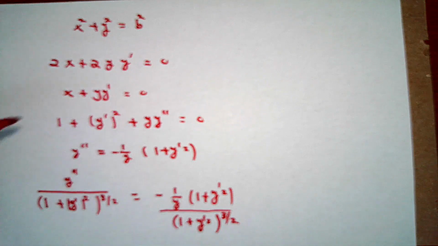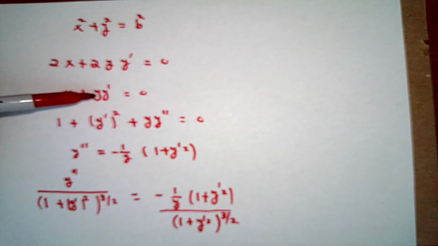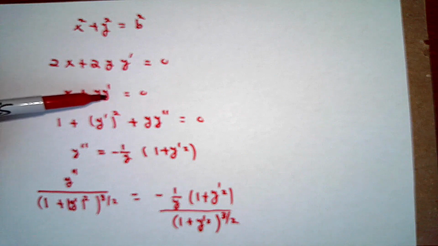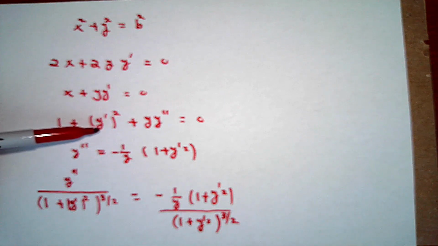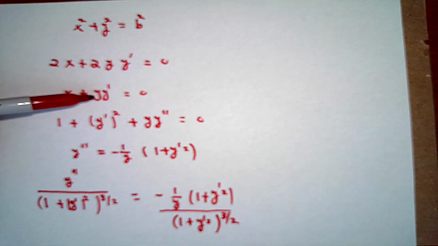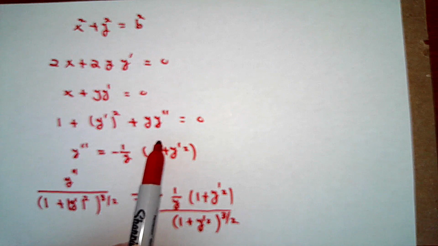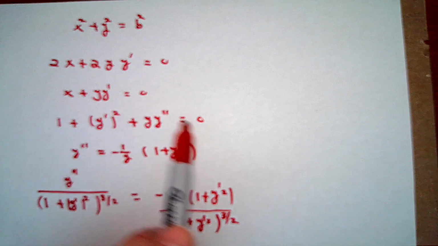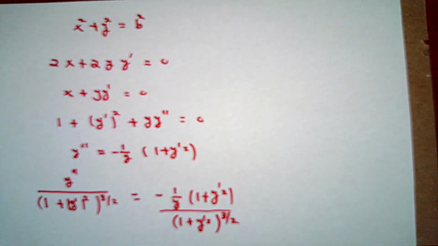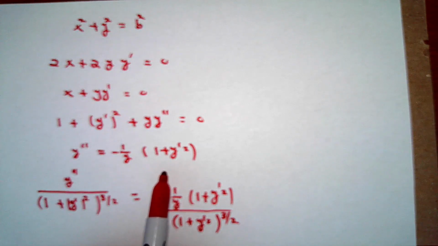Differentiate again. The derivative of x is 1. I have to use the product rule on this. It's the derivative of y times y prime, that'll be y prime squared, plus y times the derivative of y prime, y double prime. Derivative of 0 is 0. So this tells me that the second derivative must be negative 1 over y multiplied by 1 plus y prime squared.